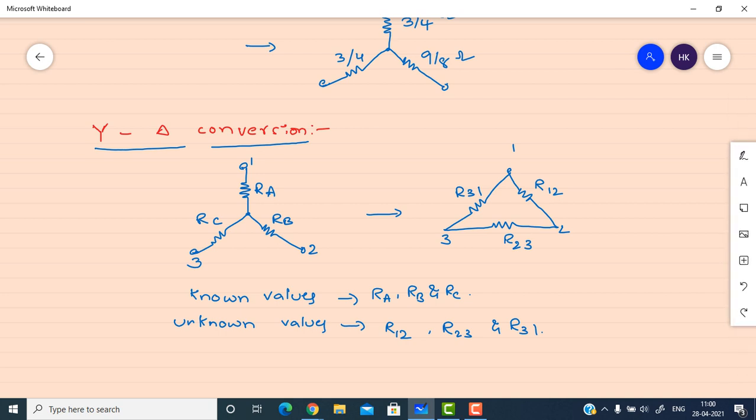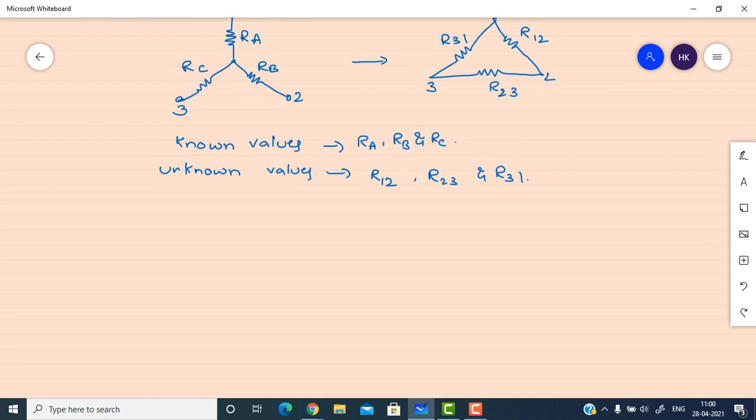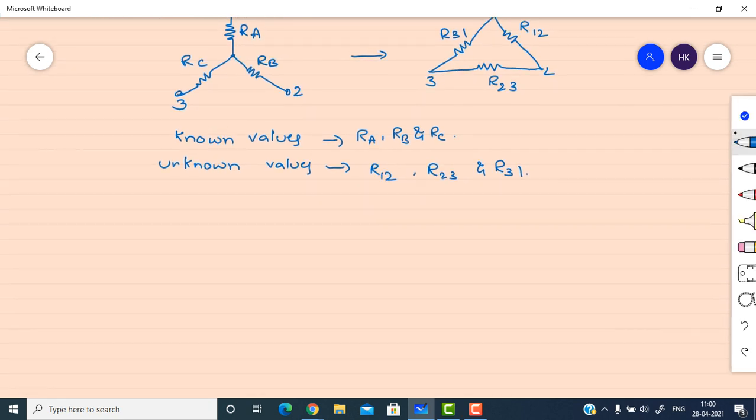For this, I will use the equations we derived in the last case. What is the RA equation we got in delta to star conversion? RA is R12 into R31 by R12 plus R23 plus R31, isn't it?